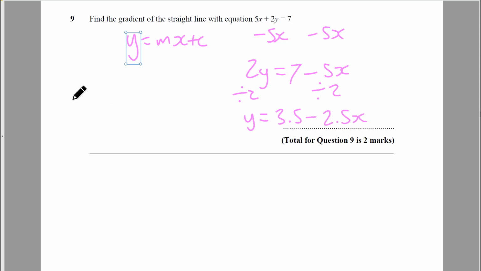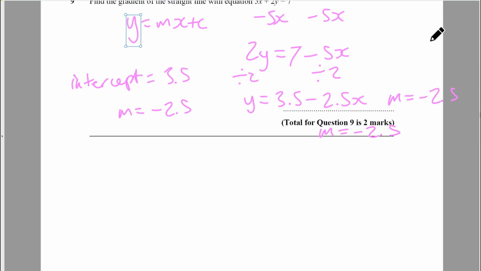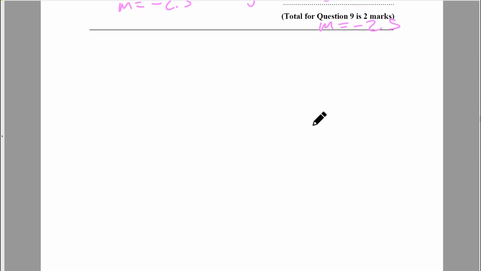So if they ask you the y-intercept, it would equal 3.5, and the gradient is minus 2.5. M, which we use for the gradient, is minus 2.5, so m equals minus 2.5. Nice easy marks there as well.